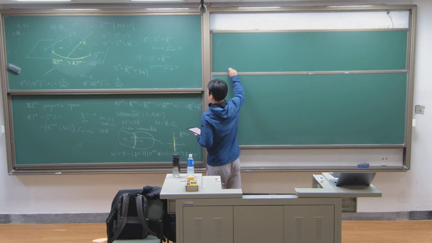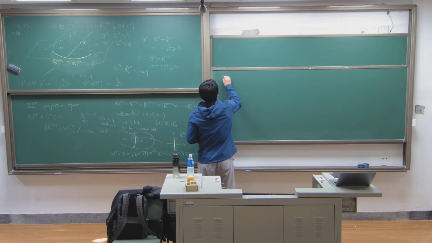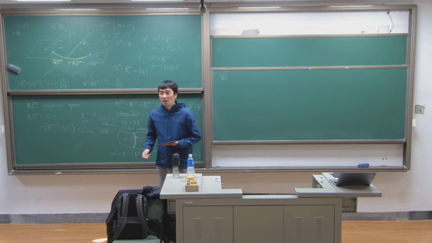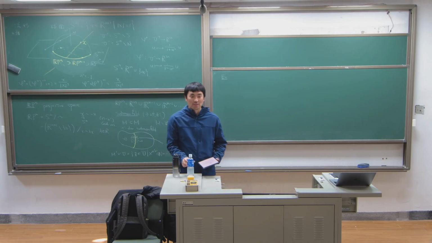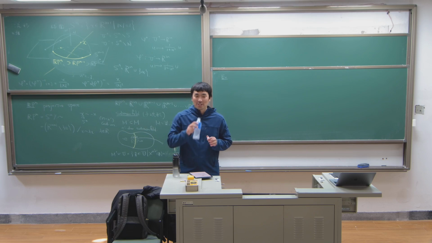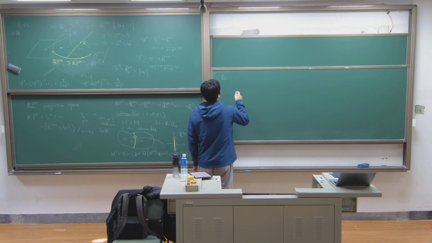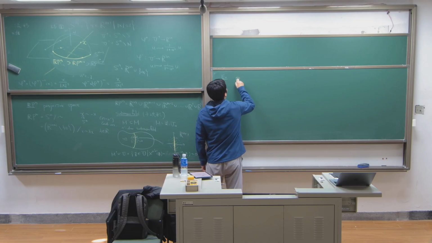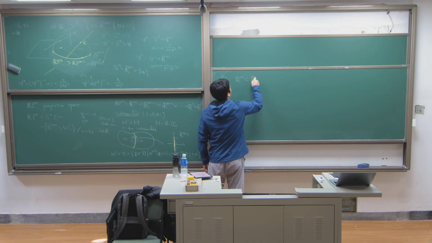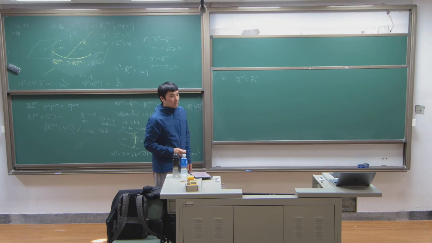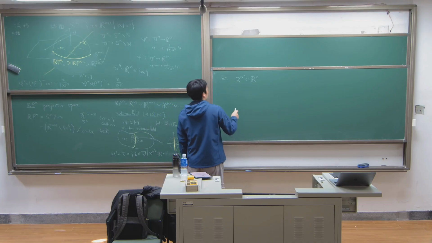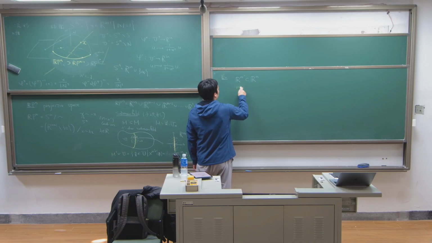For example, the simplest example is R^n prime in R^n, where of course n prime is less than n.